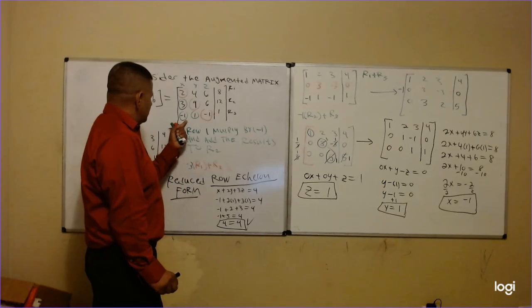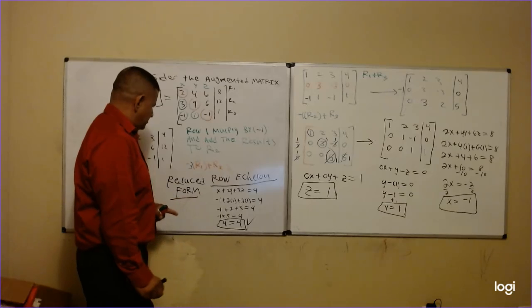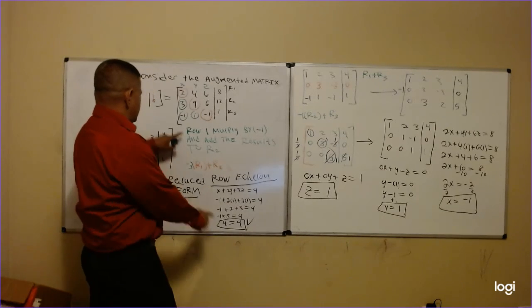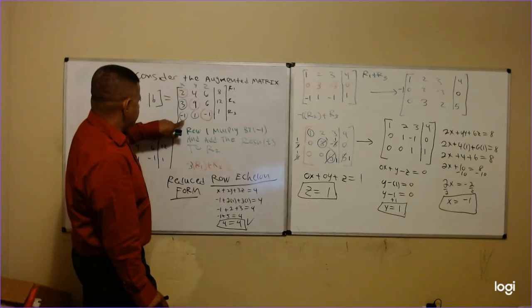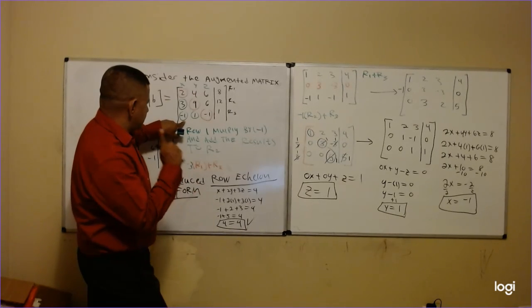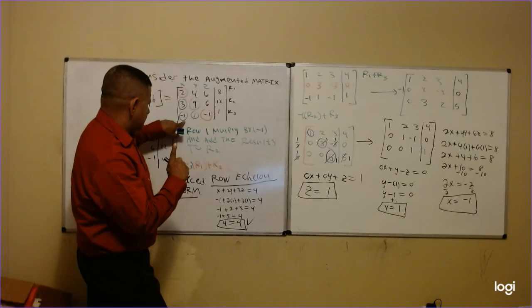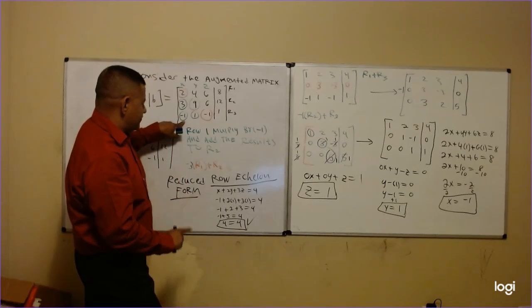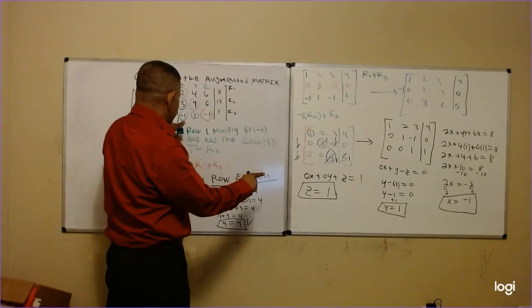I can check in this one, but still it's going to be the same thing. See, in this here also, the value of x is negative 1. Negative 1 times a negative 1 is what? Positive 1. Okay, what is the value of z?